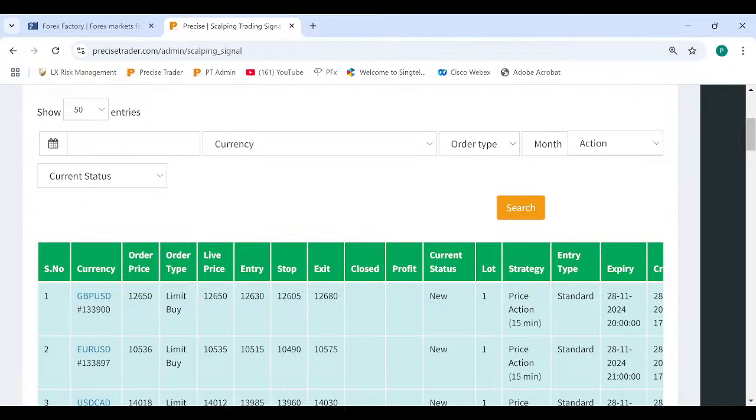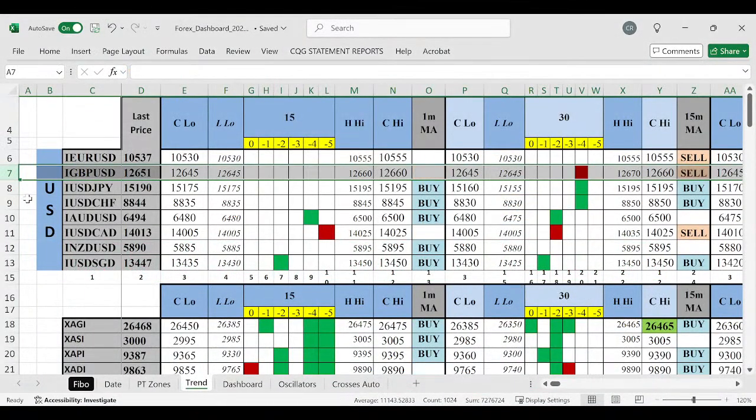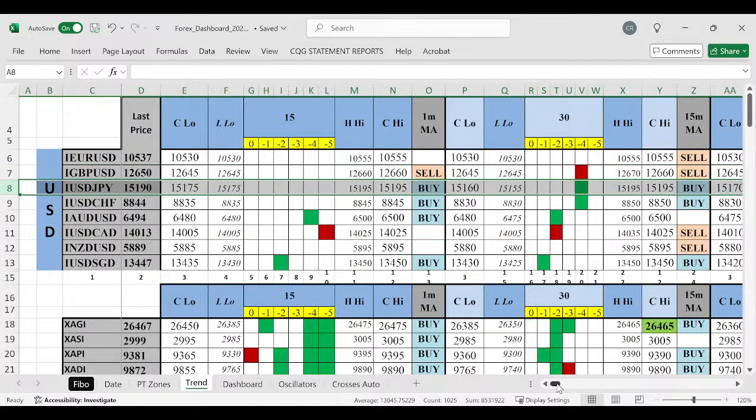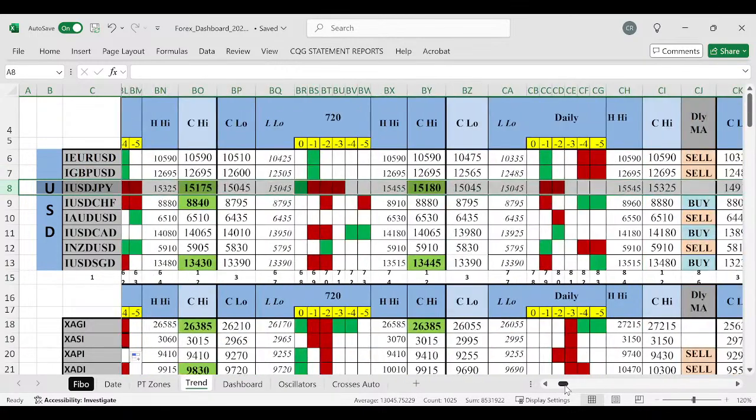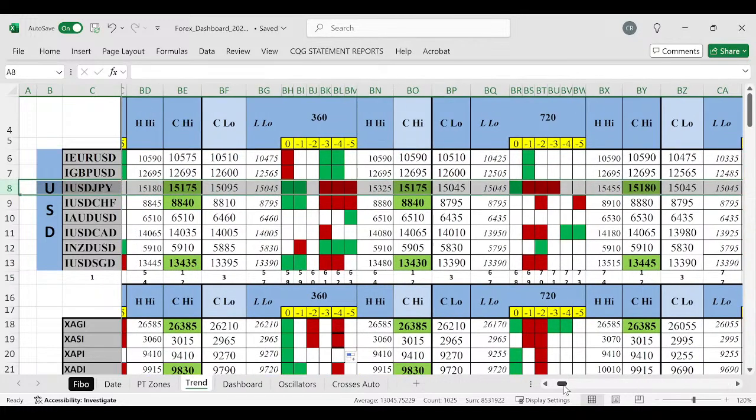Okay, so the next trade we are looking at is dollar yen. The dollar yen is currently showing an extension on the 360 and 720.